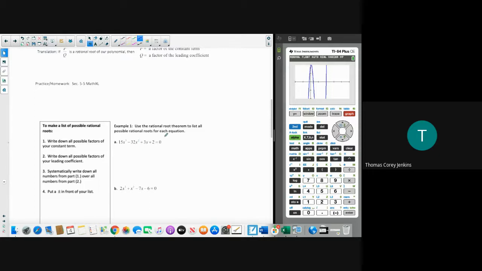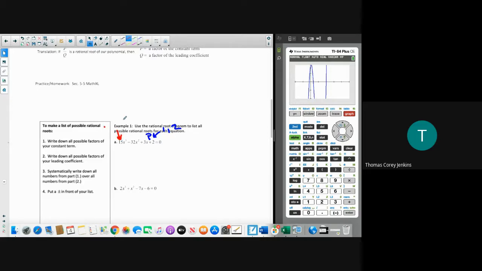So P over Q. Remember, your numerators P are going to be your factors of 2, which are 1 and 2. And Q is going to be your list of factors of 15.